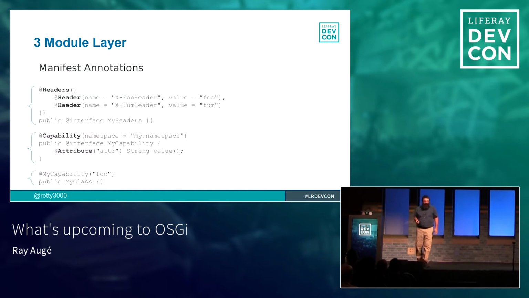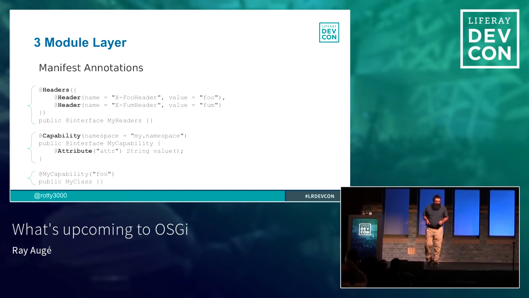And here's an example. We sometimes want to add custom information to bundles, our own metadata headers. So here we have an example of using the new headers annotation, which is a grouping of header annotations, which you can put arbitrary information into. And here you see it applied to an interface.